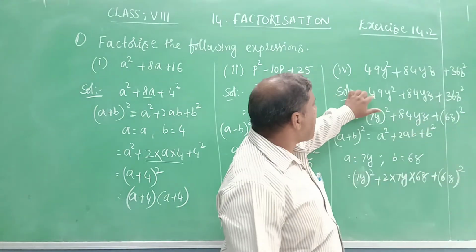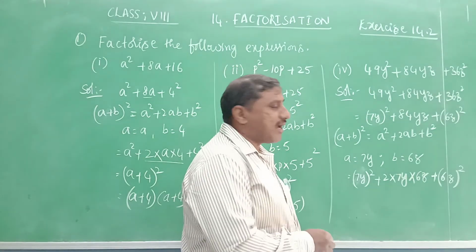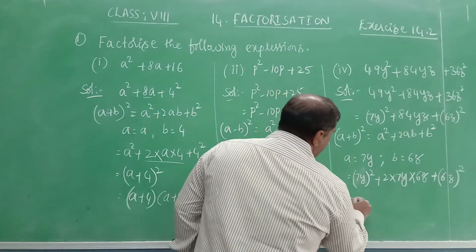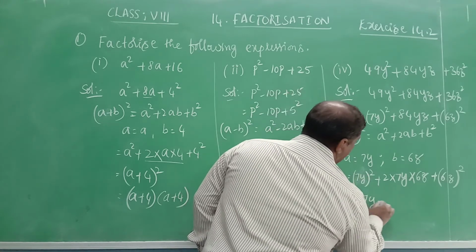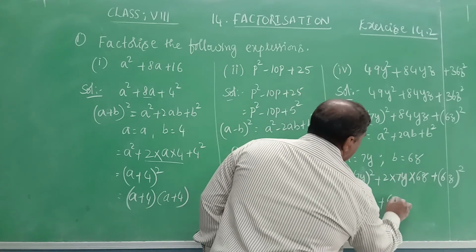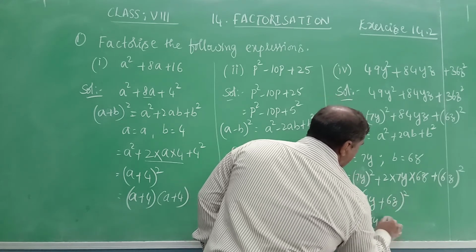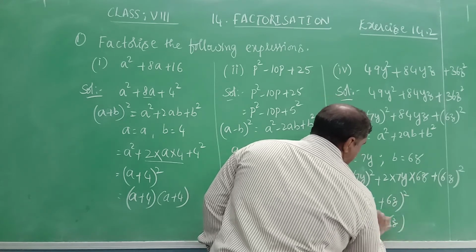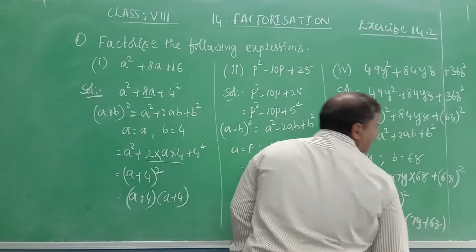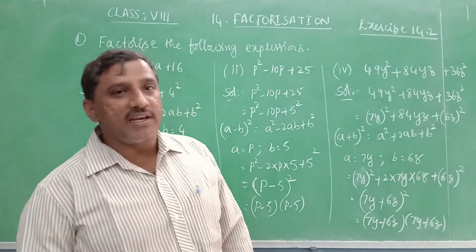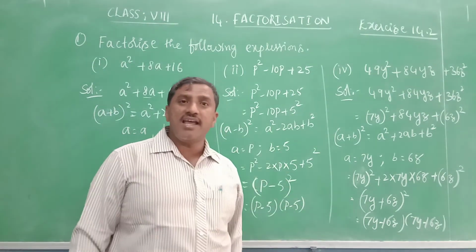So we have changed the given expression in the form of (a plus b) whole square, that is a square plus 2ab plus b square, which is (a plus b) whole square, where a is equal to 7y and b is equal to 6z, that is (7y plus 6z) into (7y plus 6z). Like this we find the factors by using algebraic identities. Is it clear?